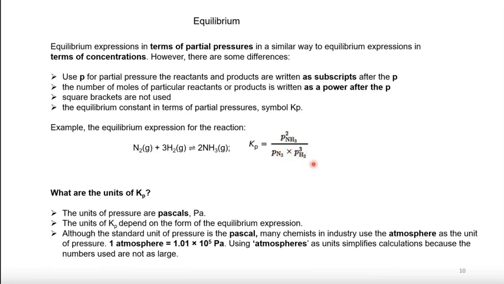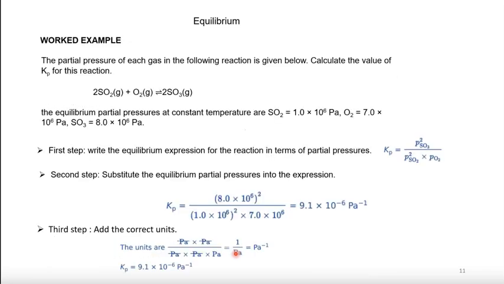So it depends on the expression here, and then we find out the unit. Another thing: we do express pressure in Pascal, but in many chemical industries, we use atmosphere. 1 atmosphere is equal to 1.01 times 10 to the power 5 Pascal.